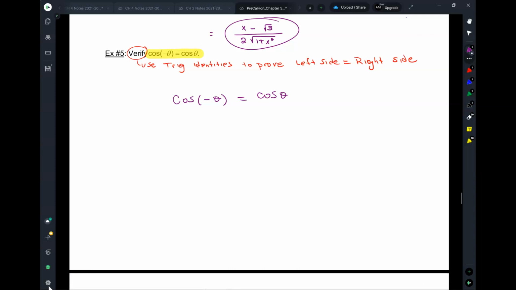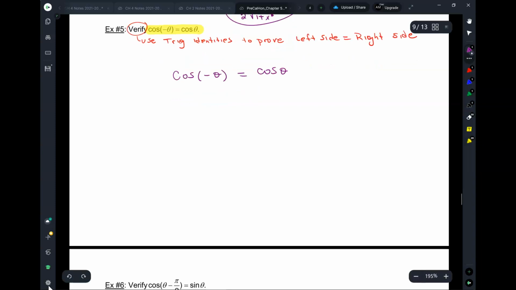So the left-hand side. How can I rewrite cosine of negative theta? Well, what's another way to write negative theta? Is 0 minus theta the same as writing negative theta? It is. So that's how I'm going to write that. I'm going to write this as cosine of 0 minus theta.